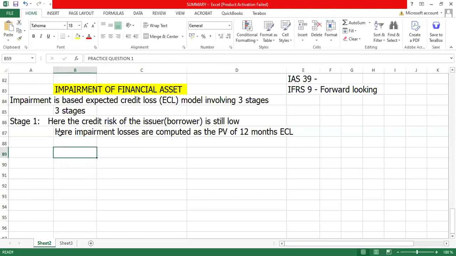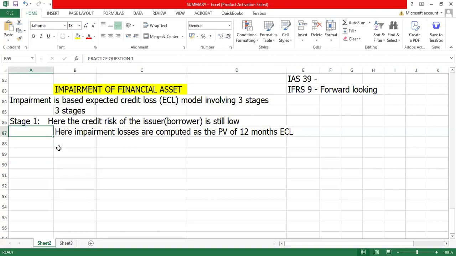So as you look for the impairment losses, you just look at 12 months, the whole year.